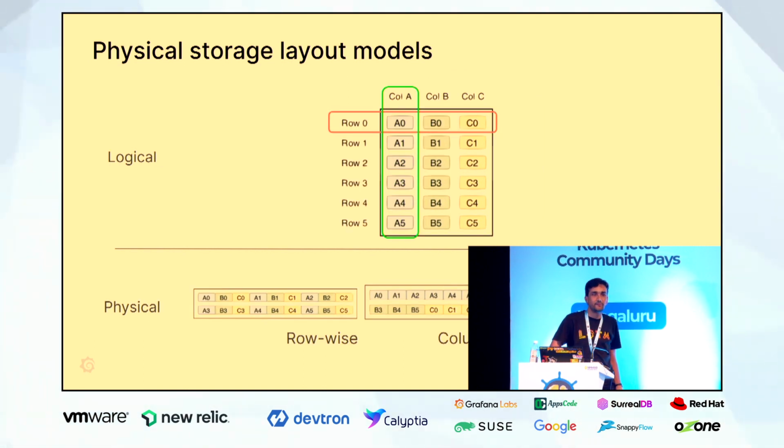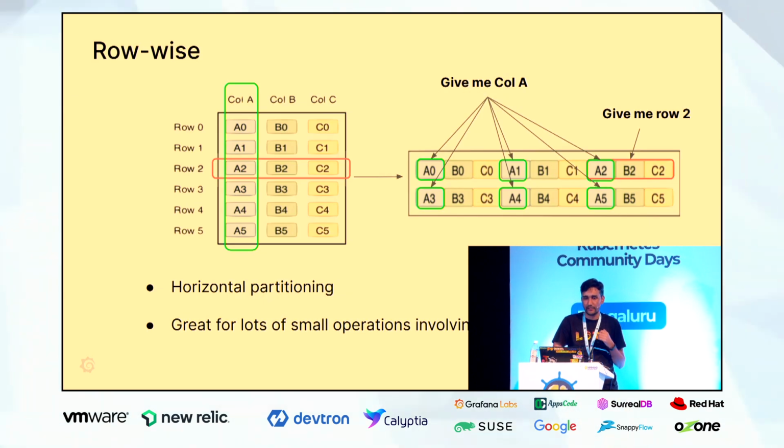And then there is a hybrid storage format where you take a subset of the rows, you call it a row group, you store that row group, and then you have another row group, right? So here row 1, 2, 3 is row group 1, so you store that in columnar fashion, and then the second row group comes. So this is the hybrid storage layout.